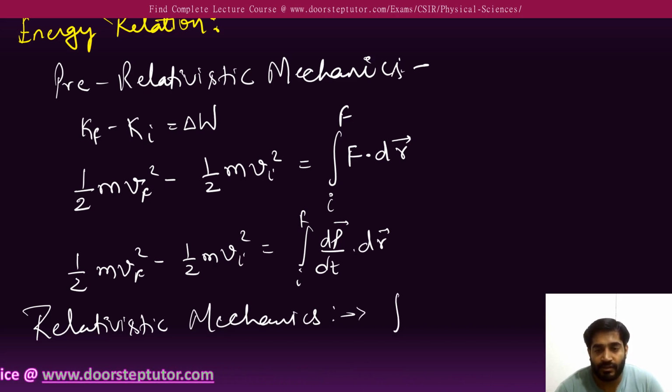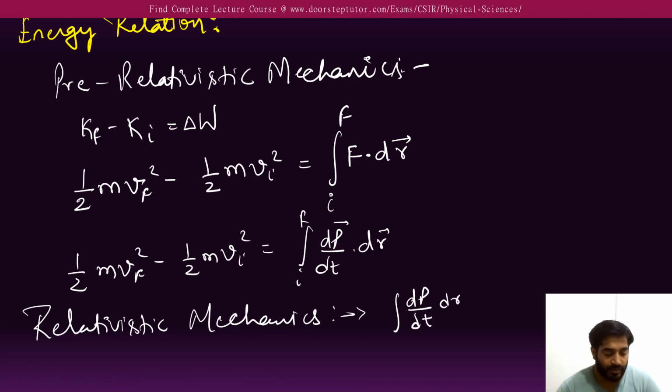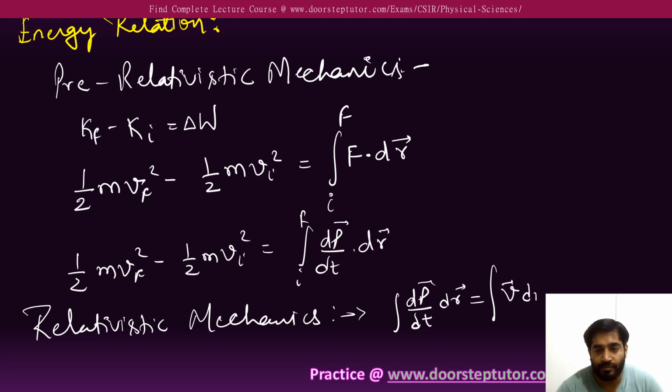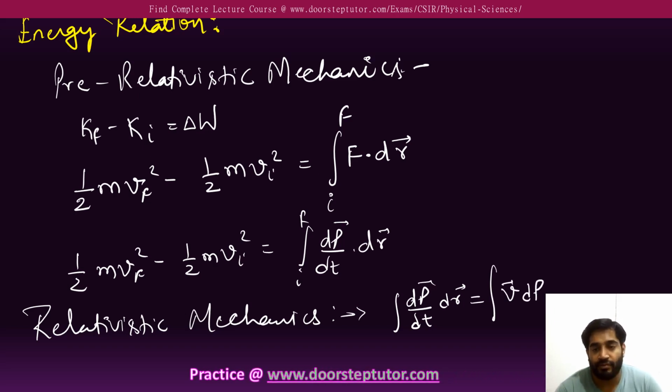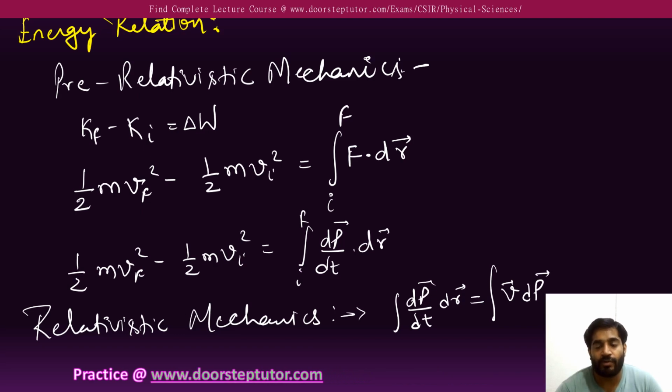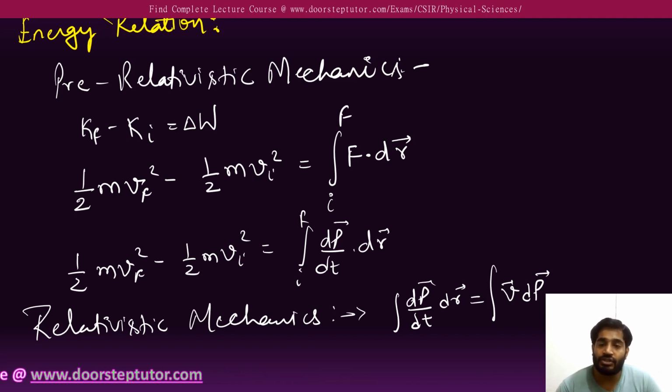The rate of change of momentum integrated with respect to dr is nothing but the integral of v dp. Why v dp? Because dr over dt is v, and there is a change in momentum.